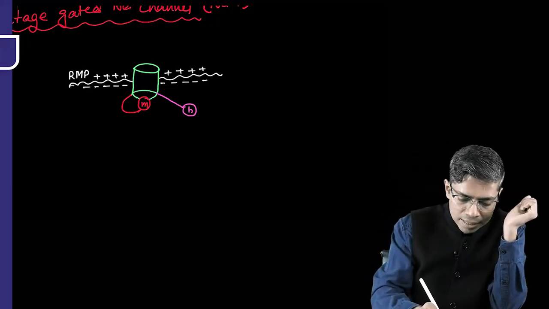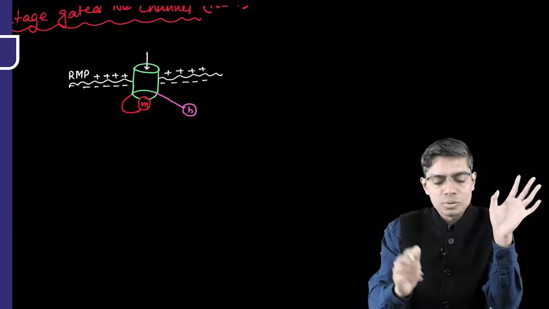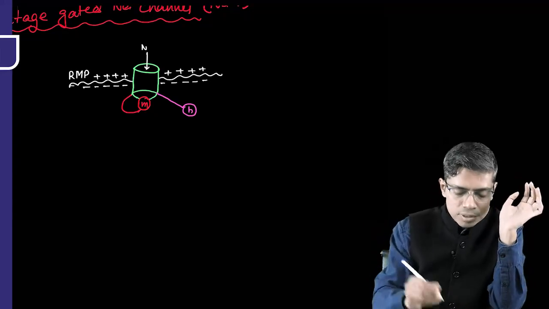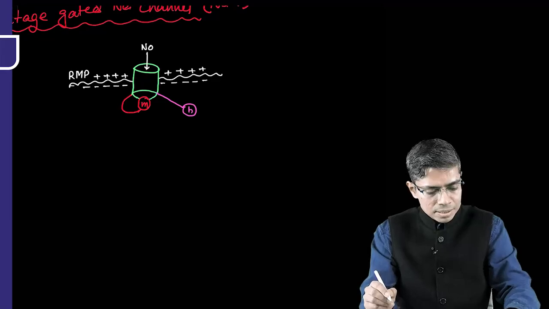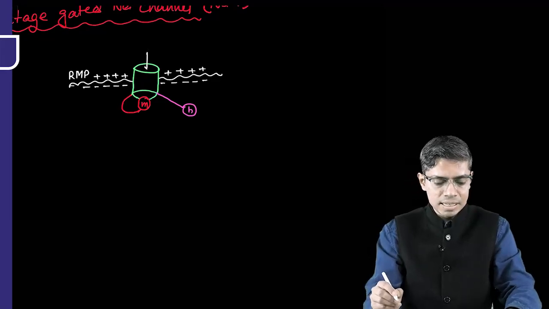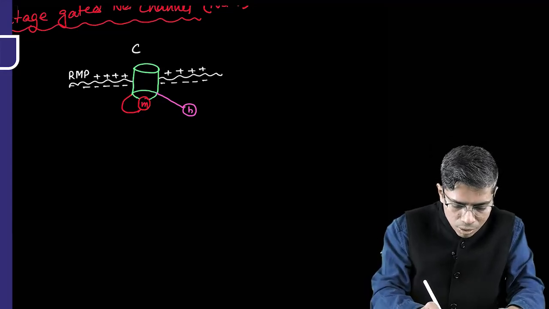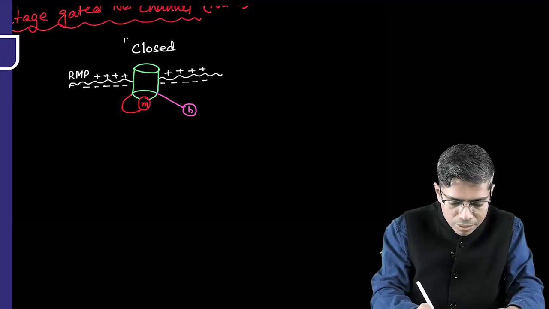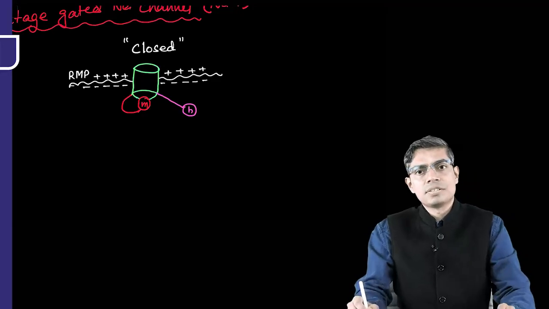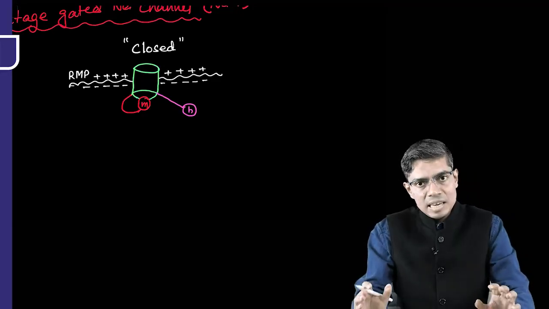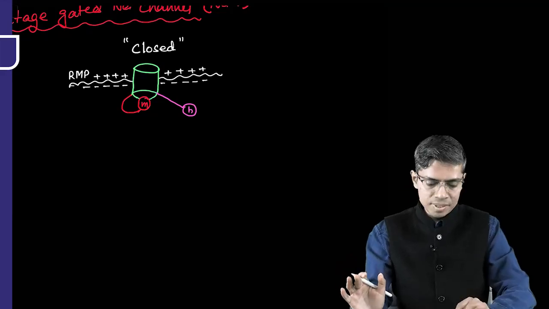So can sodium enter through this channel? The answer is no. Sodium will not be able to enter through this channel. This is the stage of the channel known as the closed state of the channel, right? Closed means the M gate is blocking the mouth.